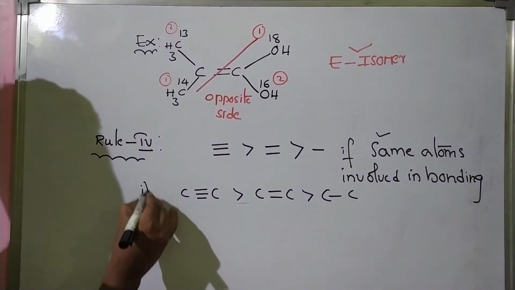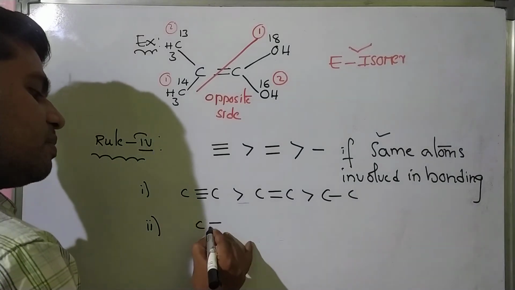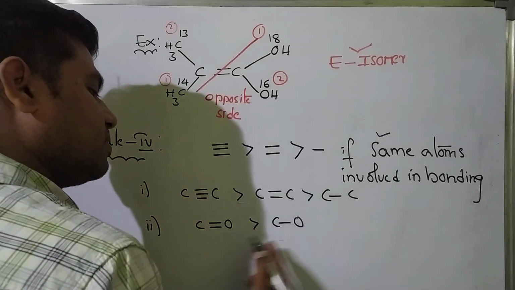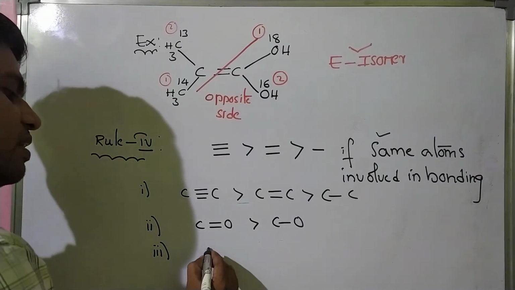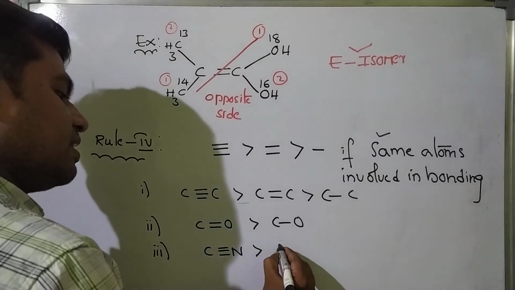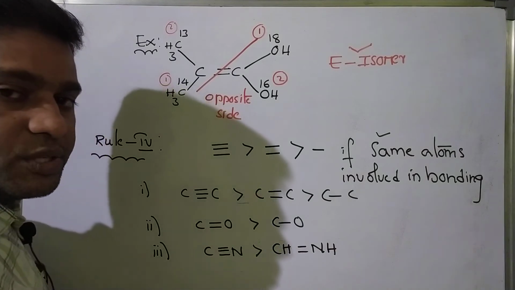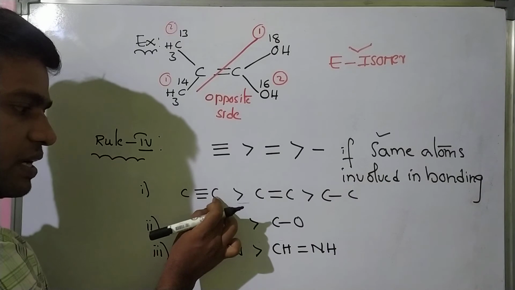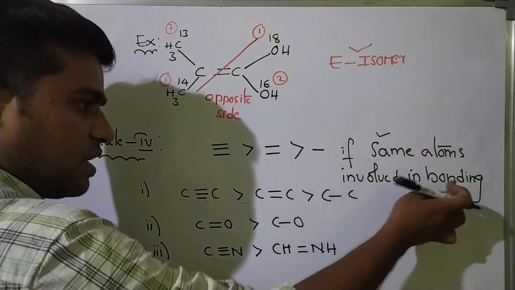Very, very important. So this is one. Next, the second one is C double bond O is greater than C single bond O. And the third one is C triple bond N is greater than CH double bond NH. Please students, understand clearly. Here carbon carbon, carbon carbon, carbon carbon, so the same atoms are involved in bonding.